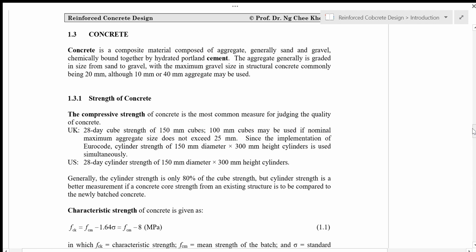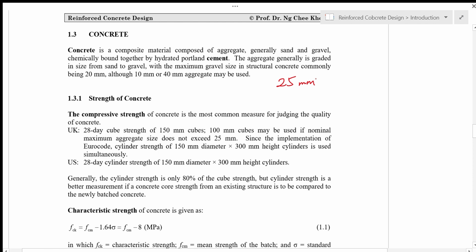The aggregate generally is graded in size from sand to gravel, with the maximum gravel size in structural concrete commonly being 20 mm, although 10 mm or 40 mm aggregate may be used as well. The most common type of aggregate used in Malaysia is 25 mm aggregate.